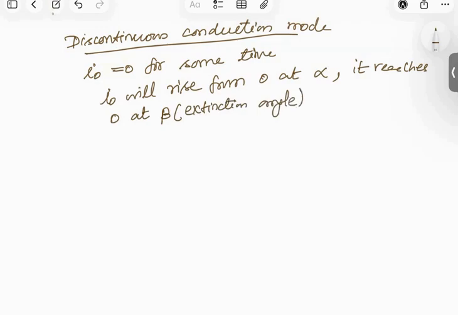This happens before we trigger the next device, T2, which means that beta is less than pi plus alpha. Because of that, I0 will be 0 for some time.